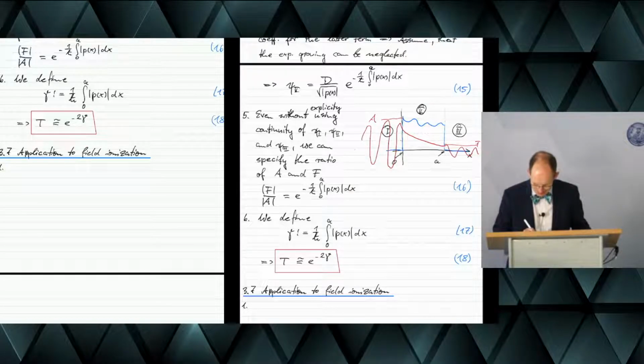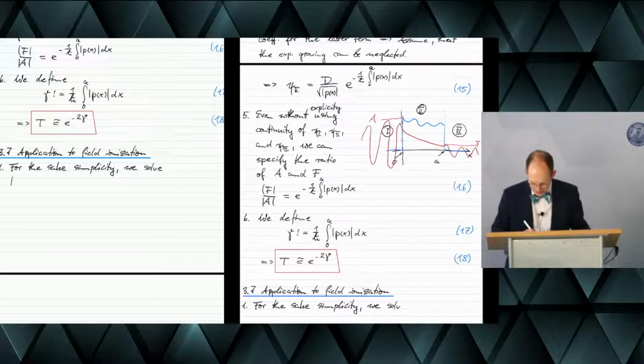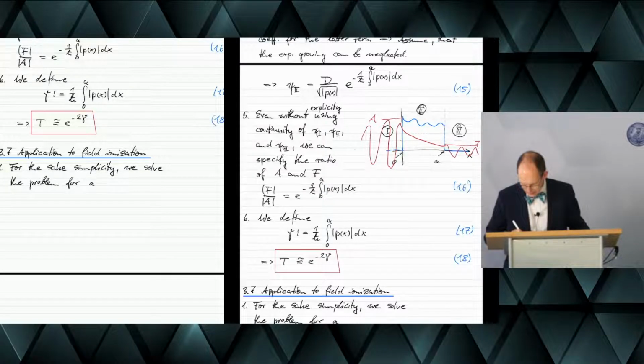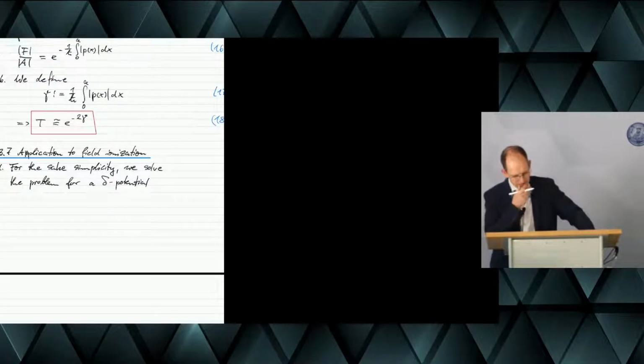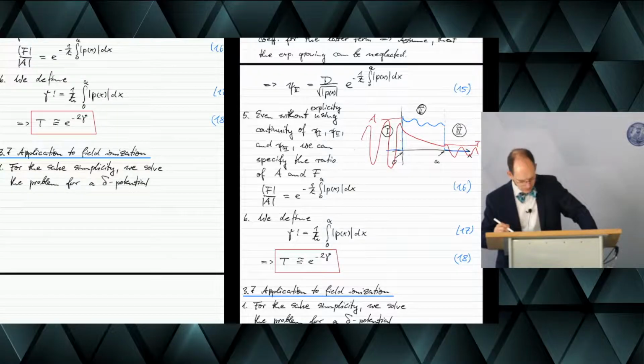So, for the sake of simplicity, we solve the problem for a delta potential. Then it looks like the following.